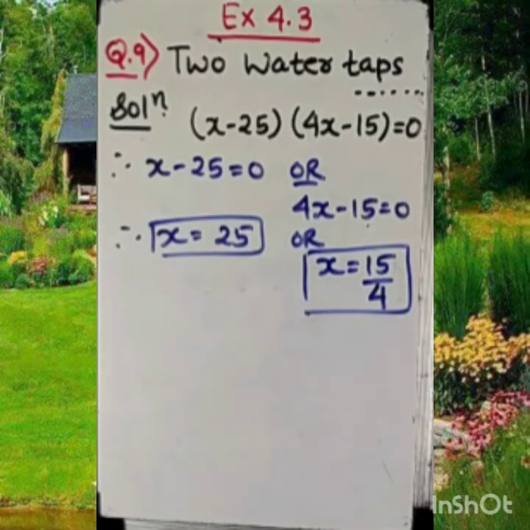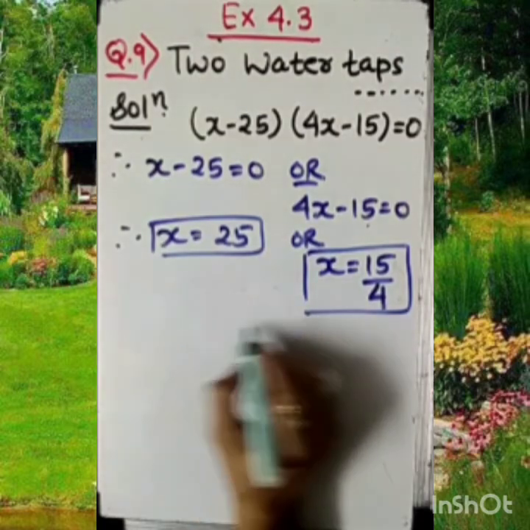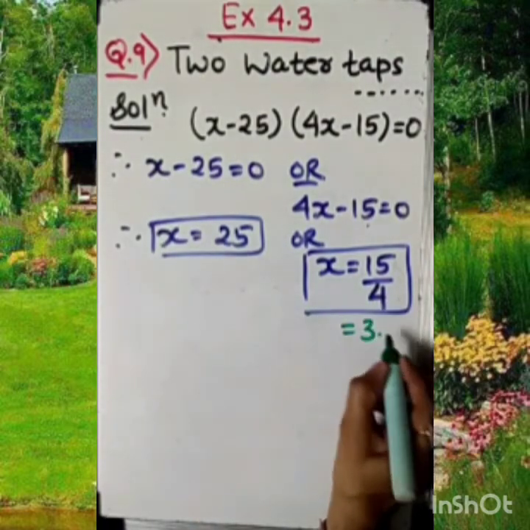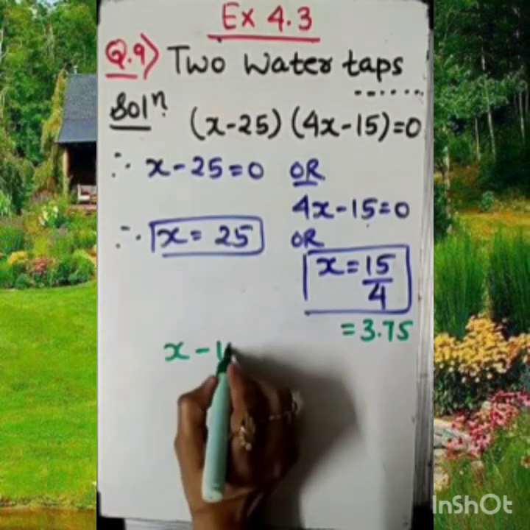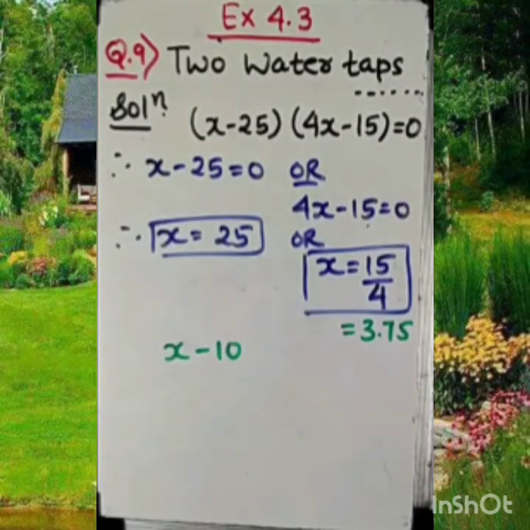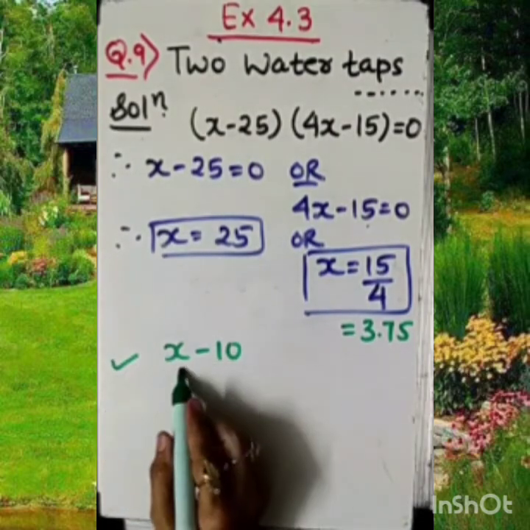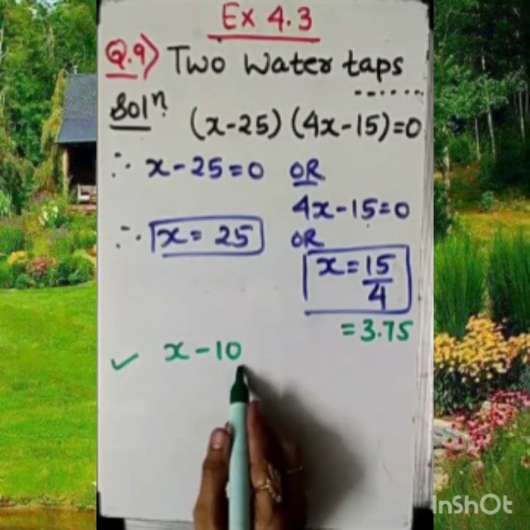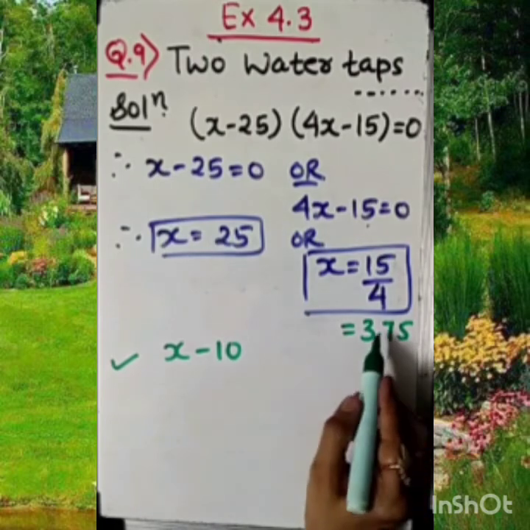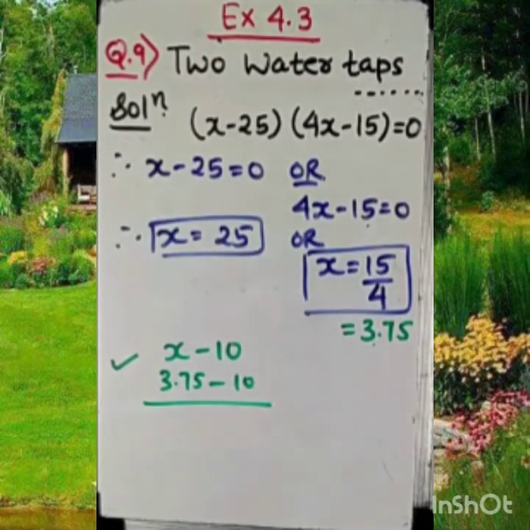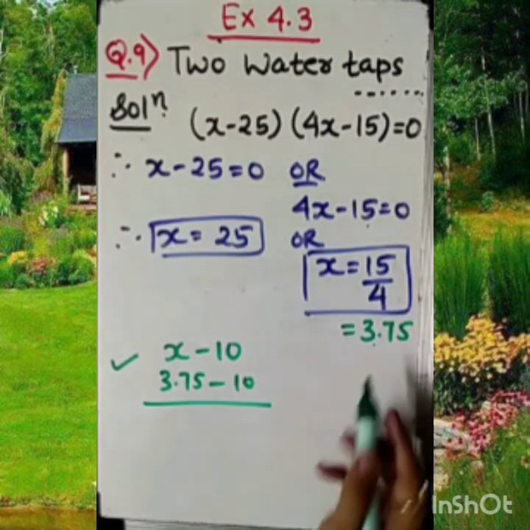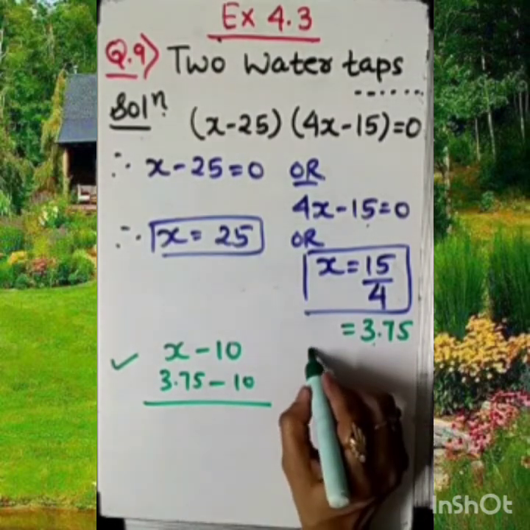How can it be possible? Because in the beginning we have considered x minus 10, if you remember, for the bigger tap x minus 10, 1 upon time taken. Then if I subtract 3.75 minus 10, is it possible? No. That's why, dear student, it is not possible.